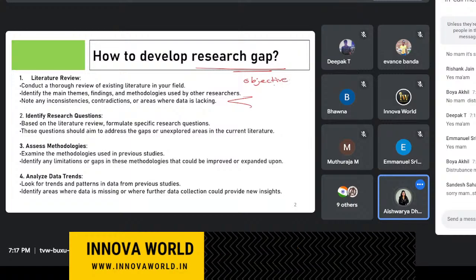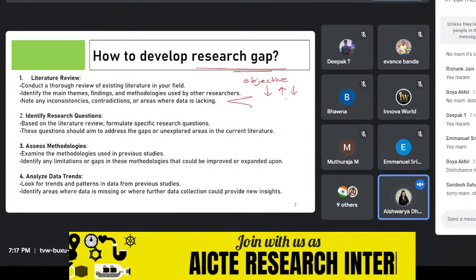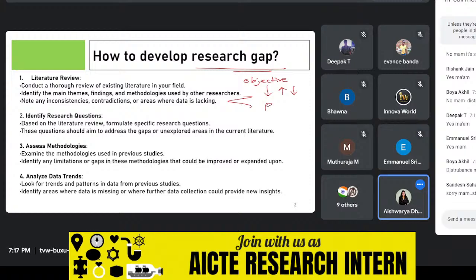It gives us an objective, and the objective is either to increase or decrease, or to improve or minimize some parameter.